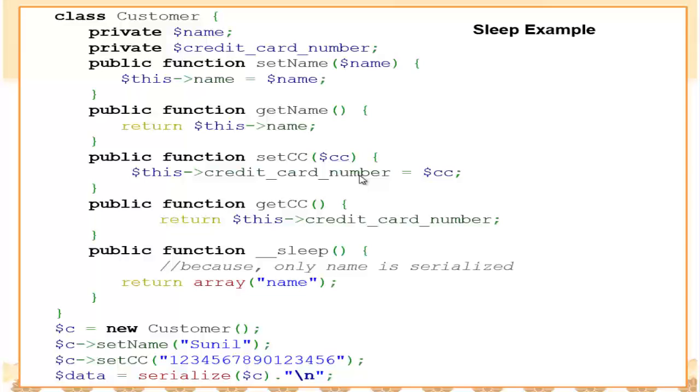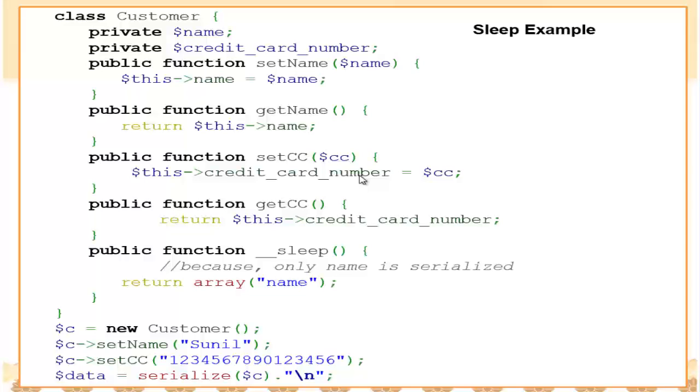Without the sleep method, if you ask PHP to serialize it, it will serialize both the name and the credit card number. Suppose you feel that the credit card number should not be saved or streamed. In that case, you can write a magic method called sleep and specify what needs to be saved.